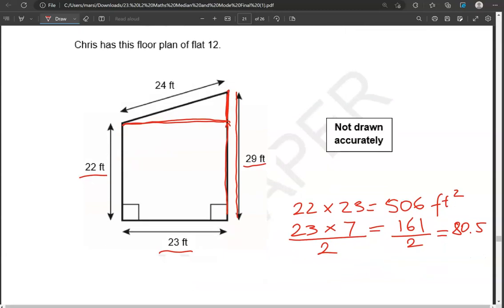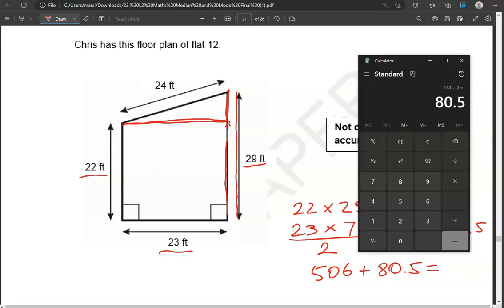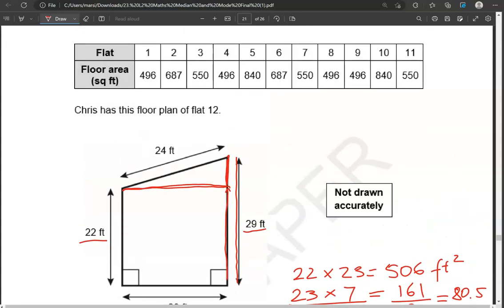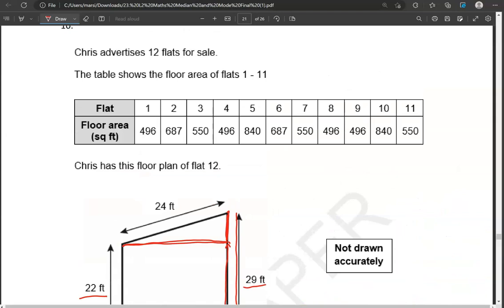So we're going to add now 506 and 80.5, which is 586.5. So that's the floor area for flat 12 in square feet. Let's compare it to the median for the other flats.